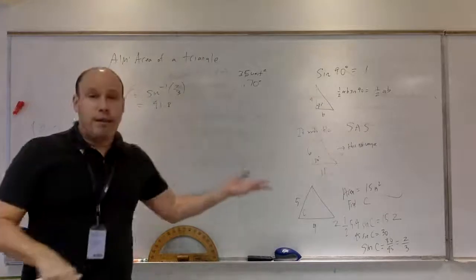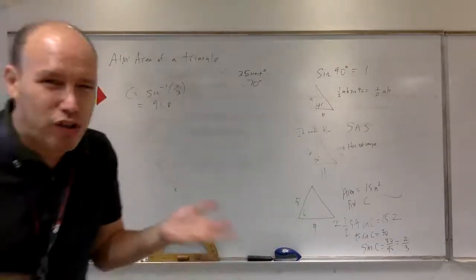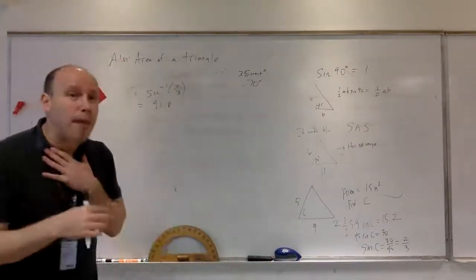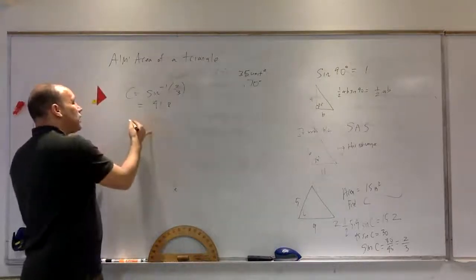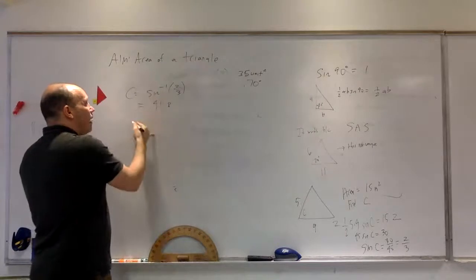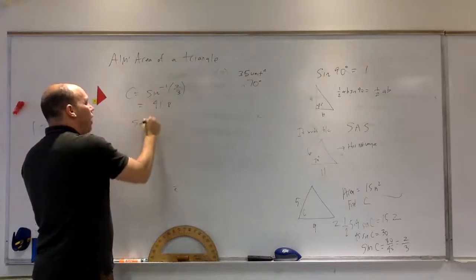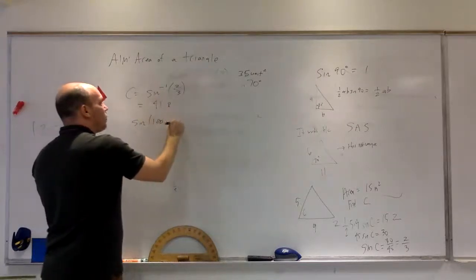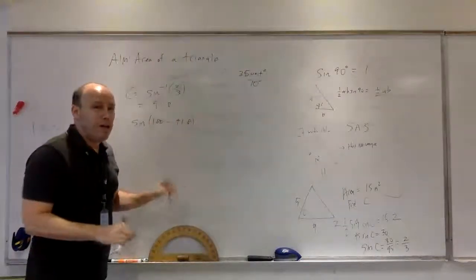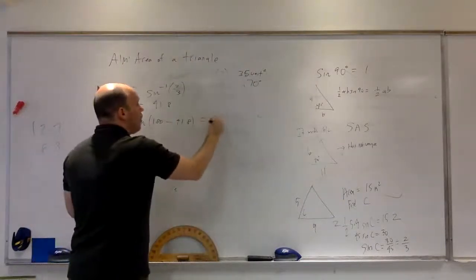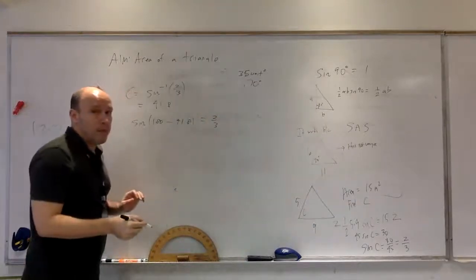And so you say, okay, that's the answer. What's the problem? And I would ask you, what is the sine of 140 minus 41.8? Put that in your calculator, and you're going to discover that also equals 2/3.